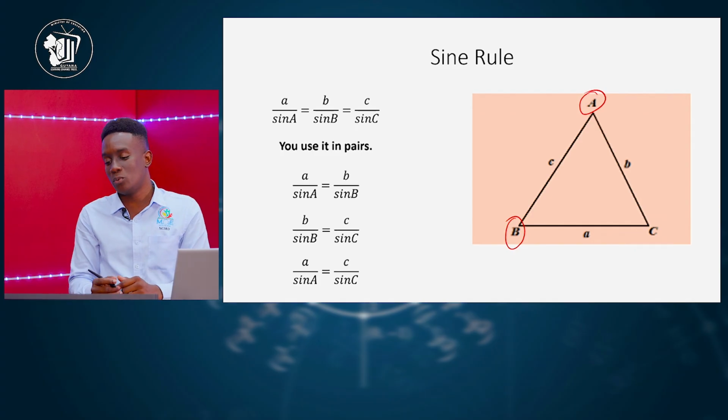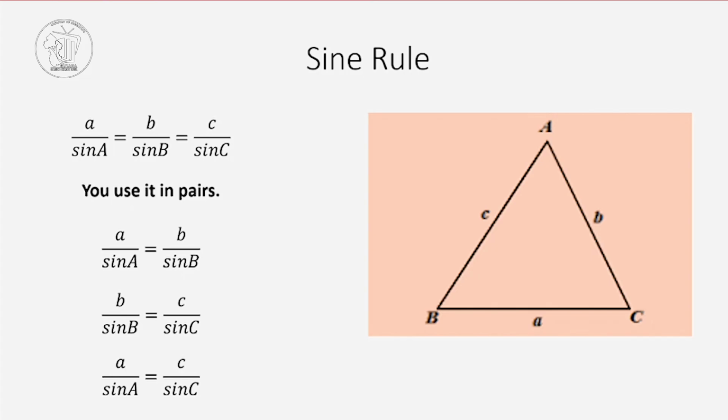So how do we determine which letter is which? First of all, let's say you're given a triangle ABC. The side opposite angle A would be small a. The side opposite angle B would be small b. And the side opposite angle C would be small c. Just to cement this fact, let's say we're given another triangle, X, Y, Z. The side opposite Z would be small z.